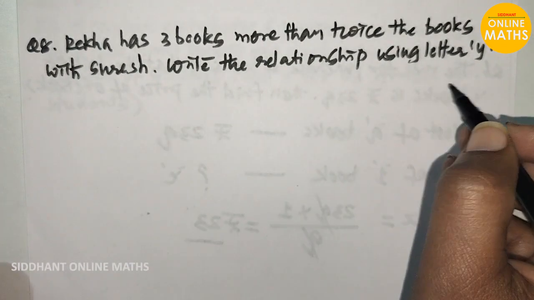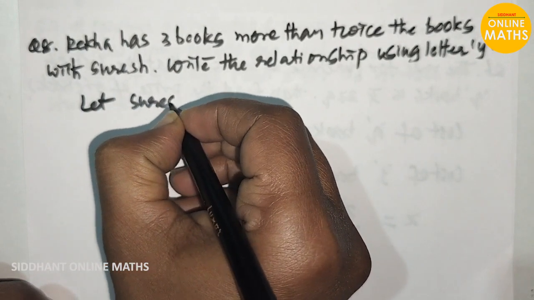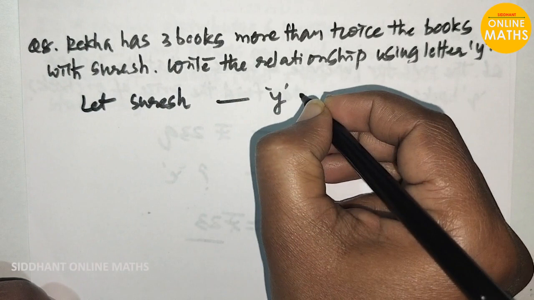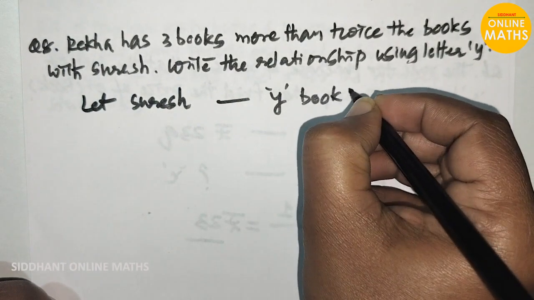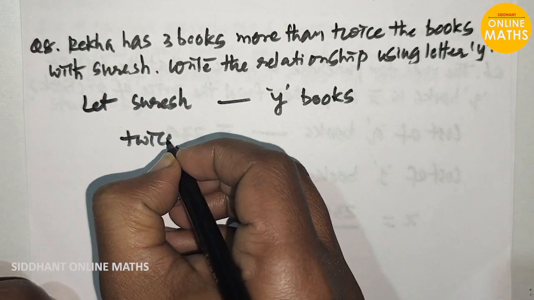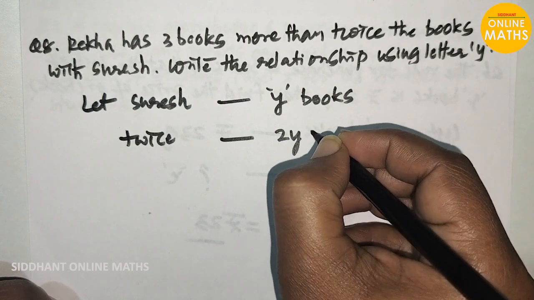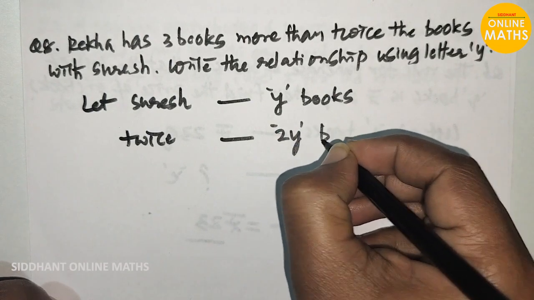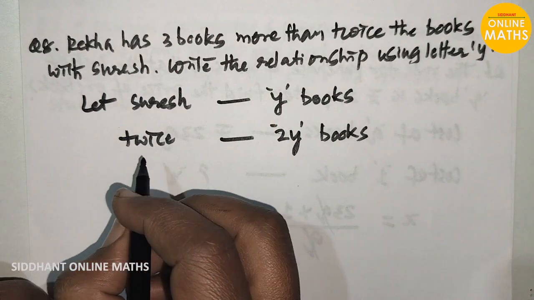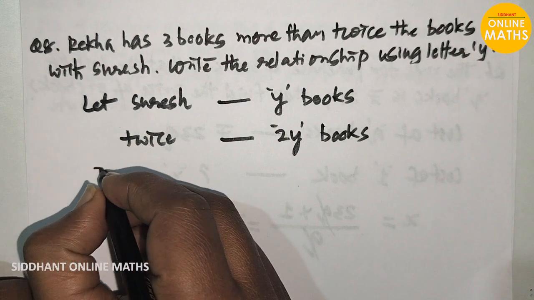Write the relationship using letter Y. So let Suresh having Y books. So twice the books means 2 times. That means 2Y books. 3 books more than twice. 3 books more.